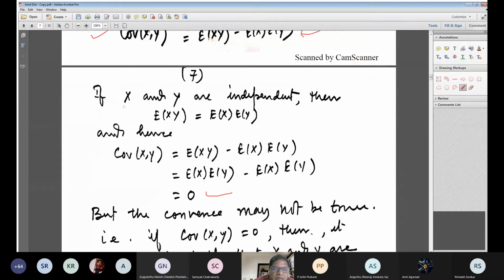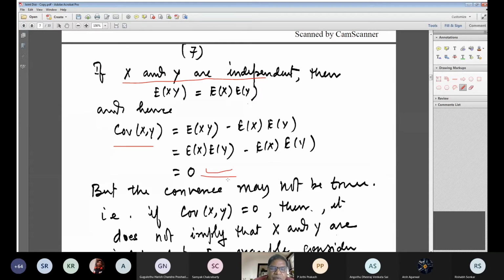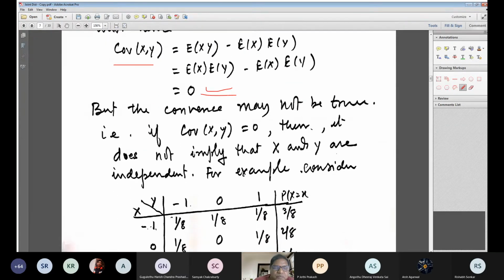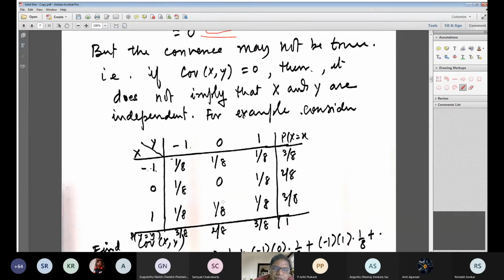So if x and y are independent, then covariance xy is 0. However, the converse may not be true. Means if the covariance is 0, then you cannot say that x and y are independent. So the converse may not be always true.